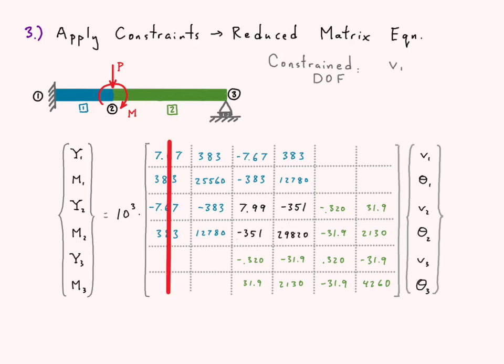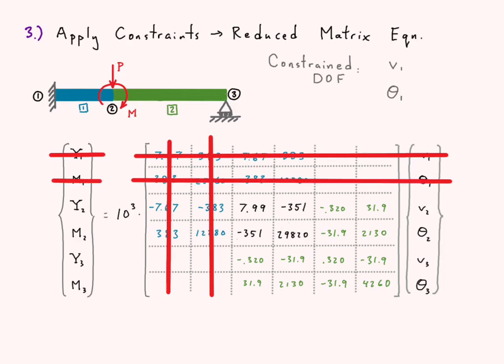So we cross out that column and the corresponding row. Next, we recognize that due to the fixed constraint here, no rotation is allowed at node 1, so we cross out that column and that row. Finally, we look at node 3 and we see that the displacement at node 3 must be constrained, so we cross out that column and that row.